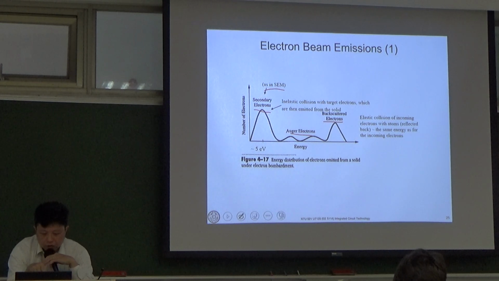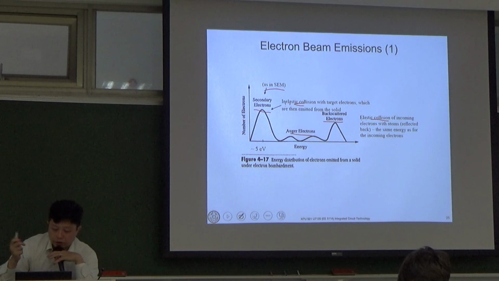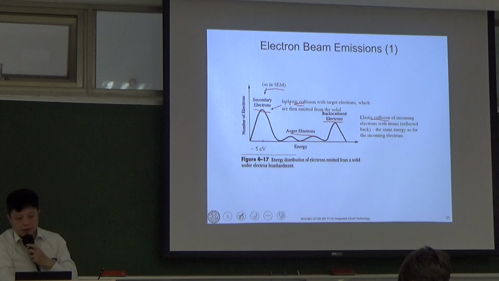Either it is an inelastic collision or an elastic collision of the incoming electrons. So from the energy level, there are different types of electrons you can observe.